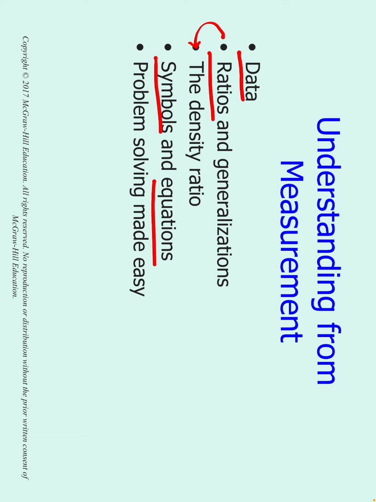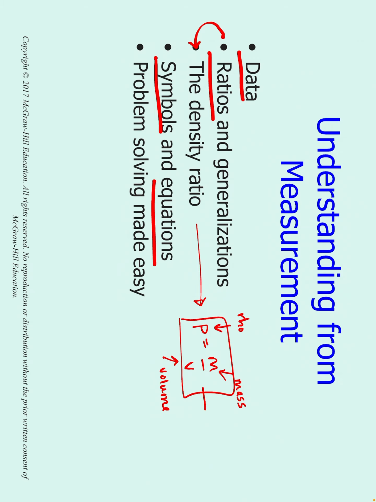For instance, the equation for density is mass divided by volume. The symbol for density is rho, the symbol for mass is m, and the symbol for volume is v. And of course, this is the equation for density.